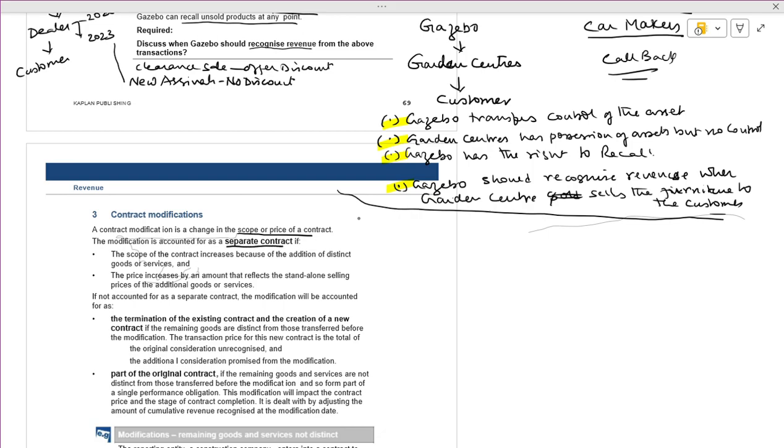Old contract will be replaced with the new contract. Okay, new price, new terms and conditions. Old contract will be replaced by new contract, terms and conditions.